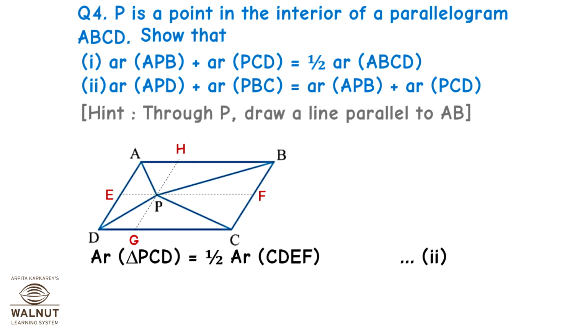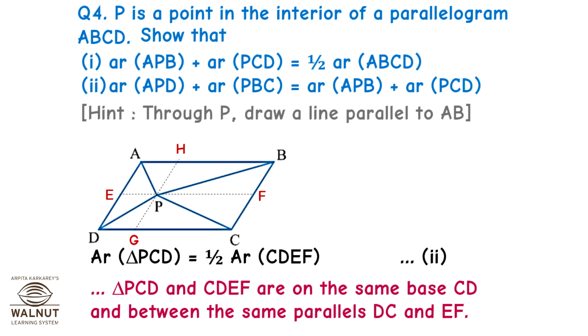And area triangle PCD is equal to half of area CDEF. Let this be 2. Triangle PCD and CDEF are on the same base CD and between the same parallels DC and EF.